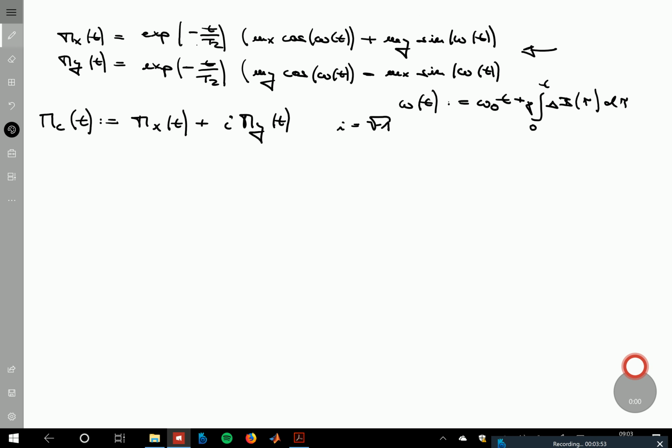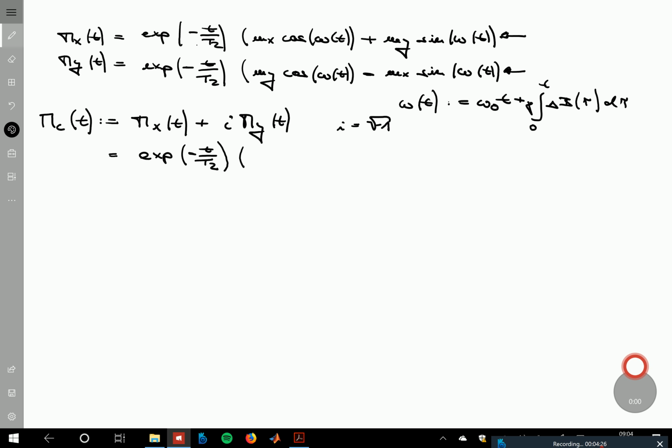To show you that is then the aim. So if we now substitute for mx(t) this and for my this, then you see that both of them are multiplied by exponential of minus t divided by T2. So we can from the start take this out of the two sum terms and multiply the entire sum by this, so that we don't have to write up too much.